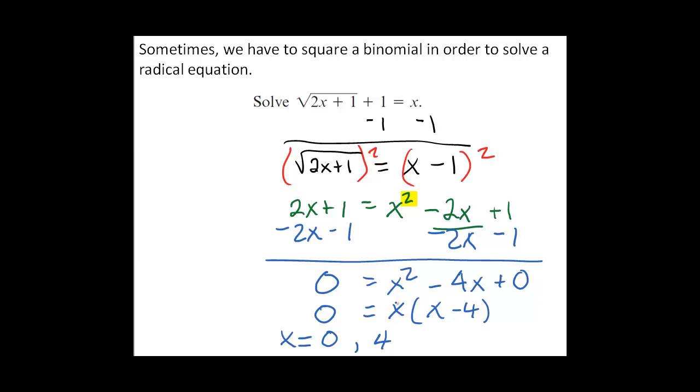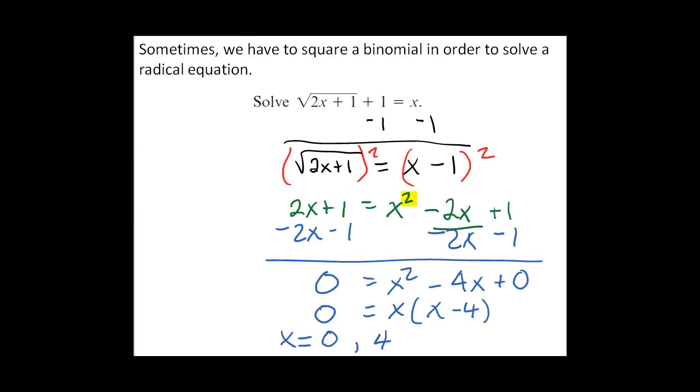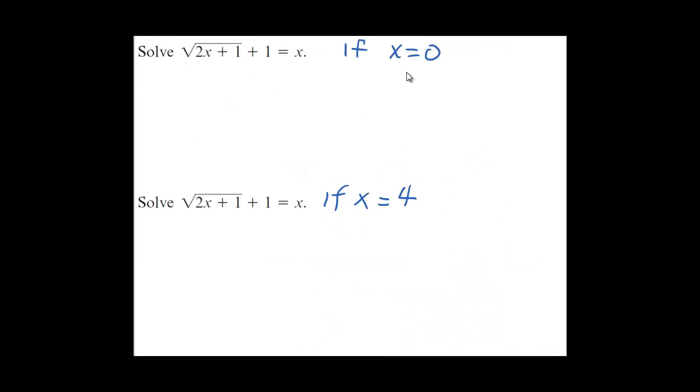And what I'm going to need to do is check my work. So let's see if this will work. We're going to check our work now to see if there are any extraneous solutions. In the last slide we had x equals 0 or x equals 4. Now I'm going to use the original equation and plug these values in to see if it's still true.